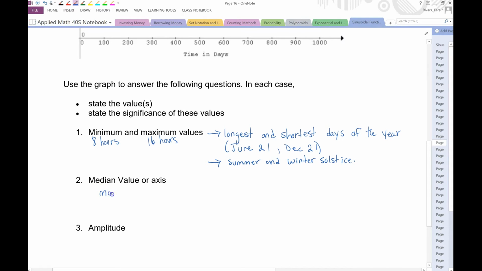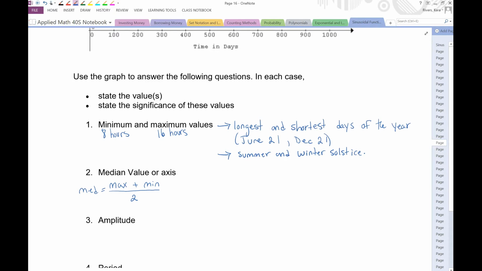So if we have our maximum and we add that to our minimum, divide that by 2, we should get our median, or our axis. Using our values, that would be 16 plus 8 divided by 2, or 24 divided by 2, which is 12.